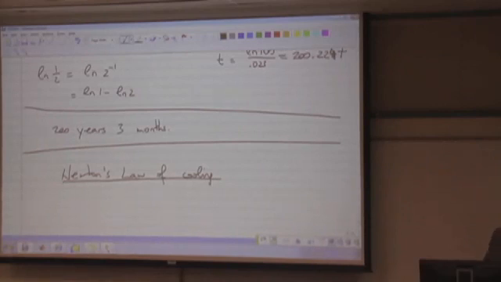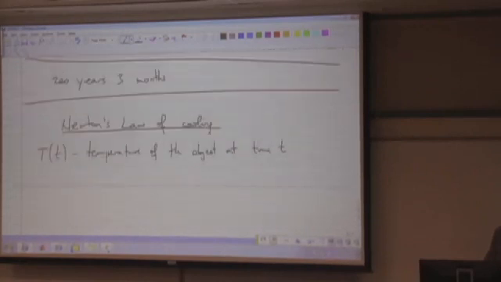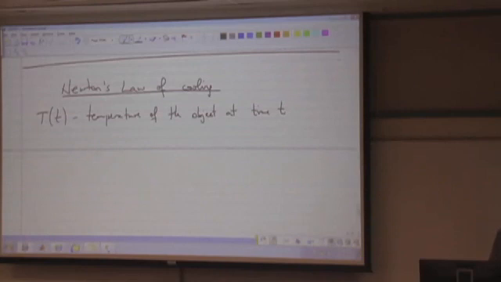So if I denote with capital T of t the temperature of the object at time t, then the rate of cooling of the object would just say dT/dt, right? Is proportional to the temperature difference between the object and the room, right?